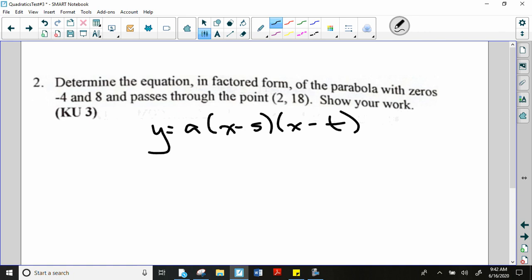If we have information, we can put it in here. If we know what the zeros are, we could replace this value and this value with zeros. And we have that. Okay? The other thing that we were given is a coordinate. And a coordinate's made up of two parts.